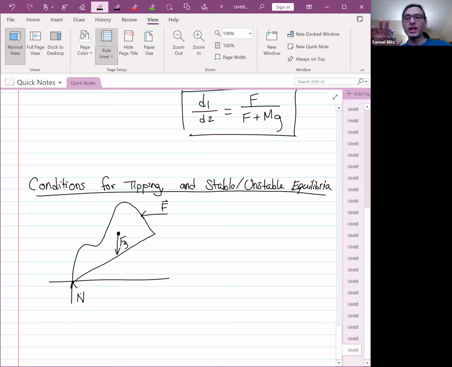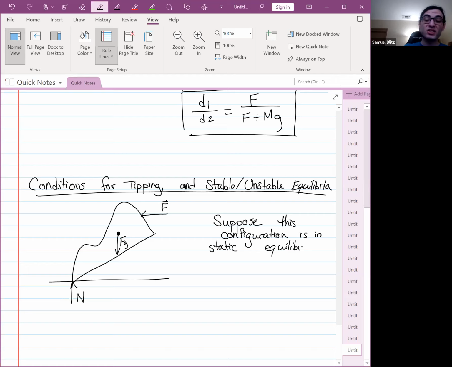And so let's suppose for a moment that the object is in static equilibrium. This is a delicate balancing act. You have to have just precisely the right force holding it up so that it doesn't fall down.